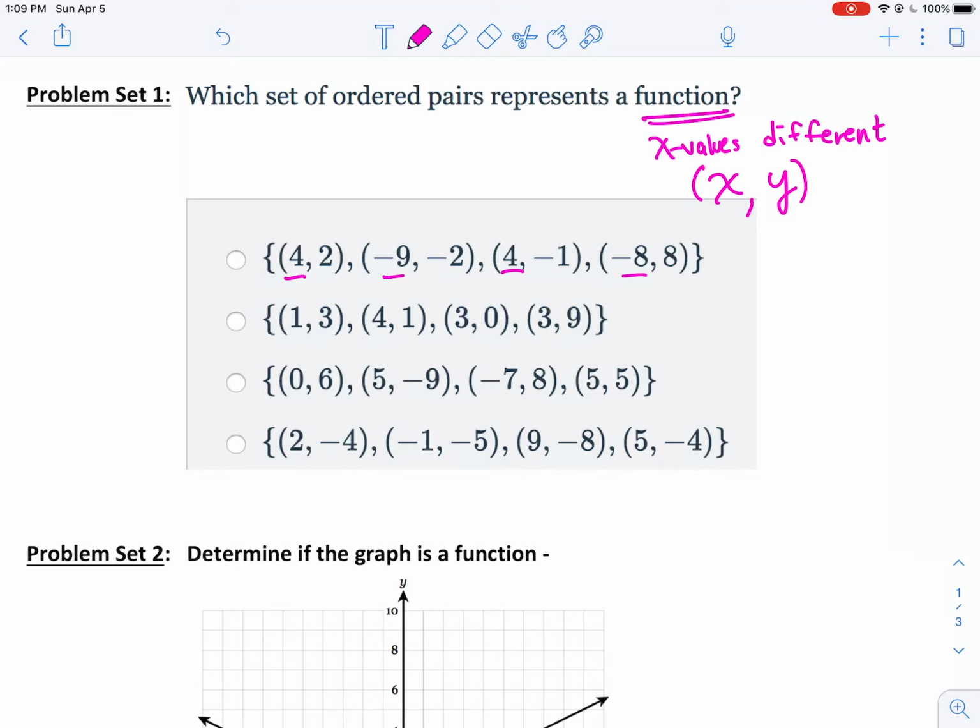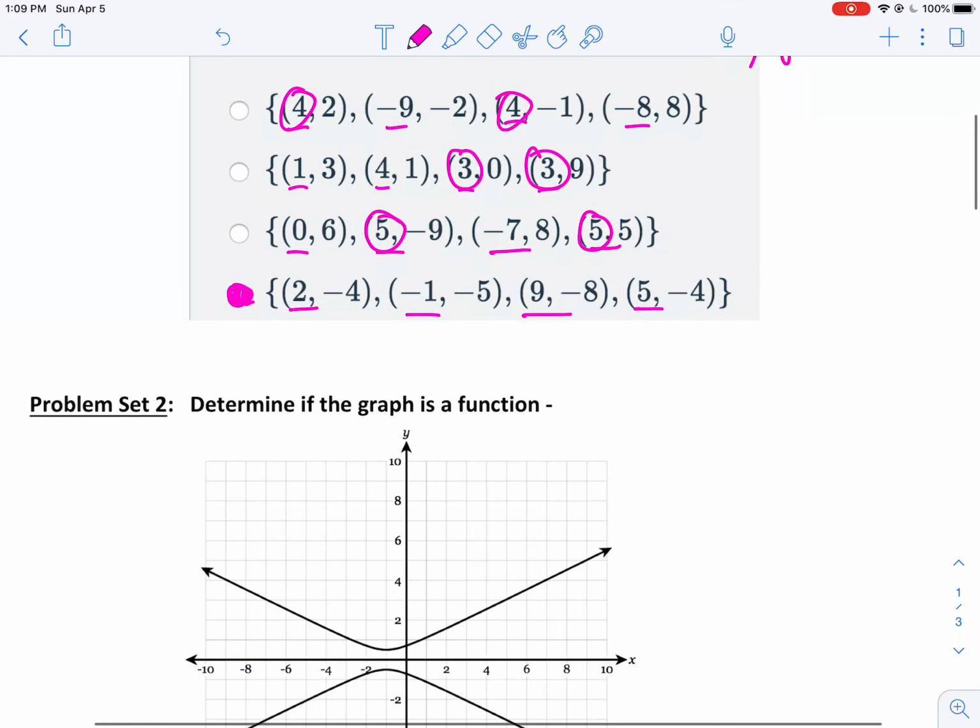So if you look at this first set, my x values are not all different. If you look at your second set, your x values are not all different. If you look at your third set, nope, your x values are not all different. But if you look at your fourth set, they are all different. So that last choice would be your answer, okay?